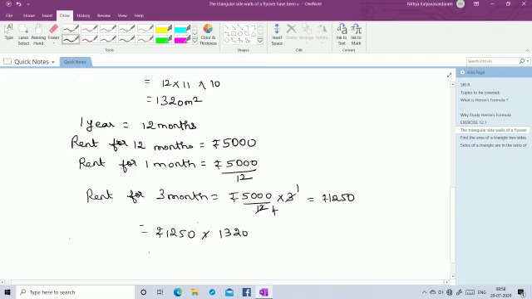Multiply, you will get rupees 16,50,000. The rent for 3 months is 16,50,000.